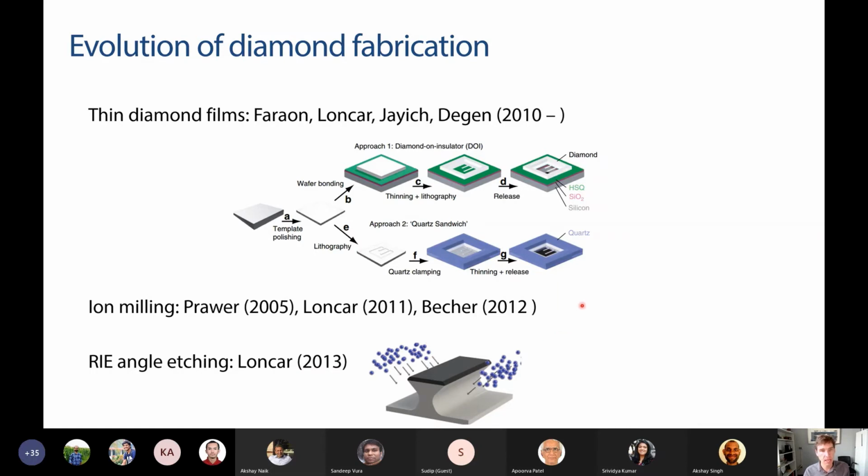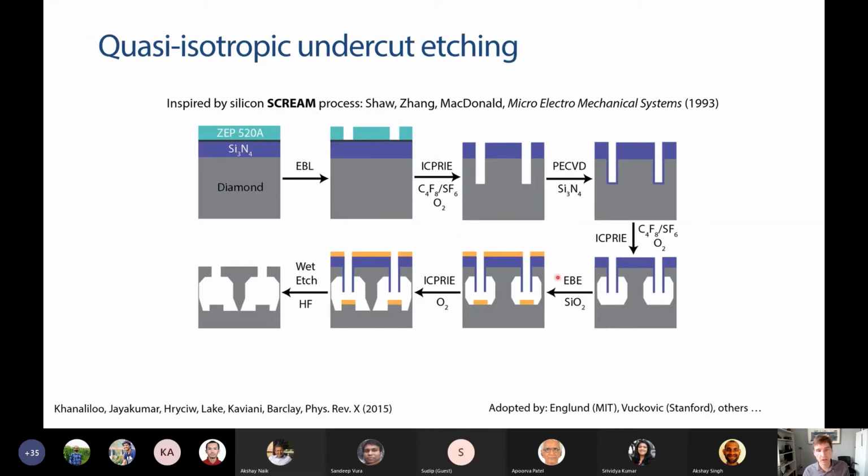And my group in Calgary developed a version of this reactive ion etching technique, which basically allows us to undercut diamond using plasma etching. And for those of you familiar with fabrication, the steps that we're using are pretty standard in the sense that we take diamond, we pattern it with a mask, we pattern that mask with electron beam lithography, we etch it.